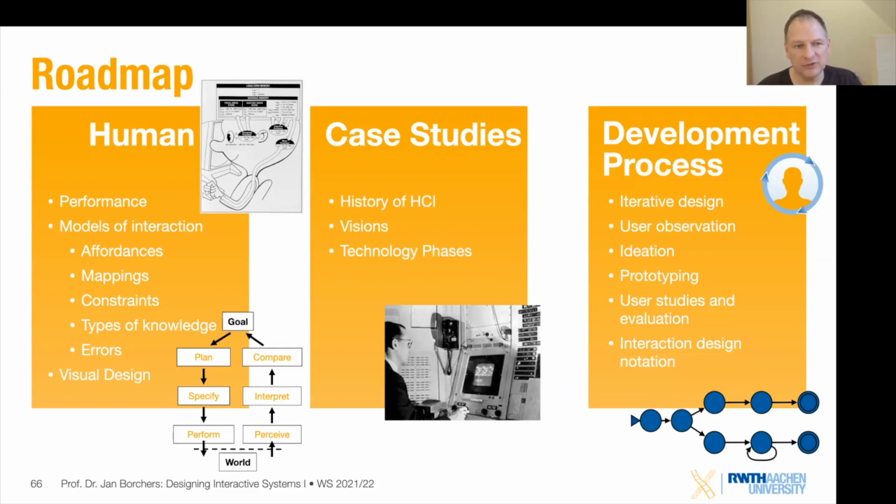And thirdly, after we've seen how humans tick and what kind of technology we have available in HCI on a very fundamental level, we've gone through the development process. We've shown you how you can use your understanding of human psychology and the availabilities of technology to build appropriate user interfaces by going through an iterative cycle, observing people, developing ideas, prototyping them in paper, in storyboards, in software prototypes, in screenshot prototypes, etc. Make user studies, talk to users, show them your prototype, evaluate with them, maybe also evaluate without them by using tools like GOMS and the KLM model, for example.